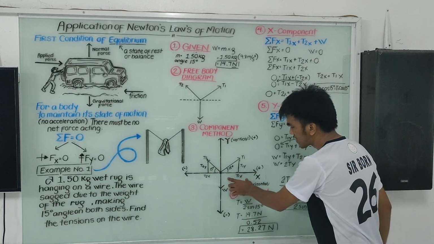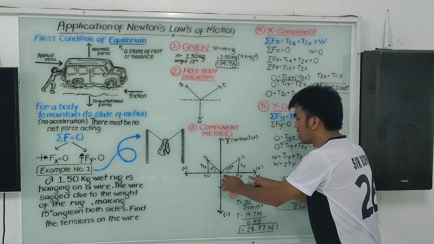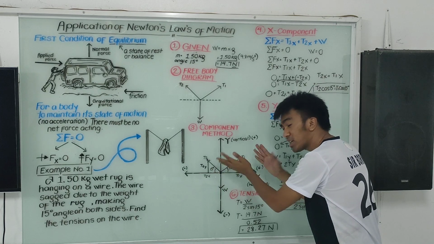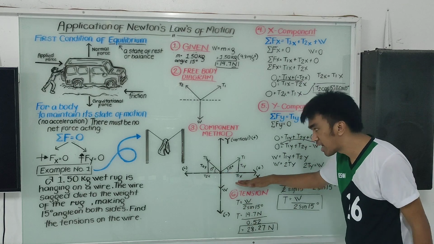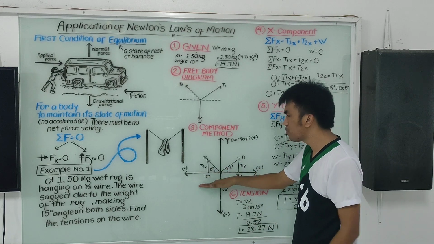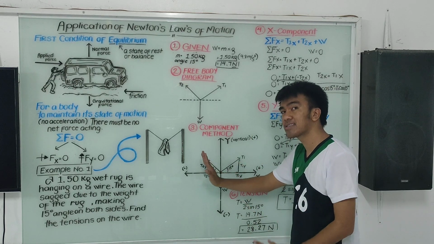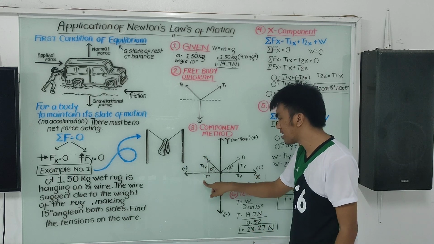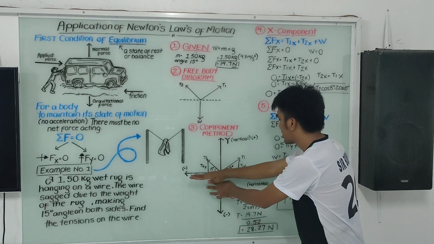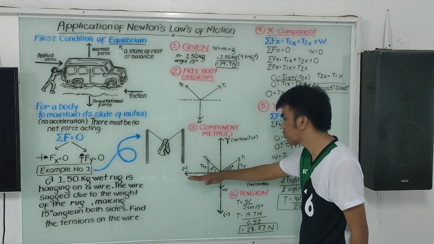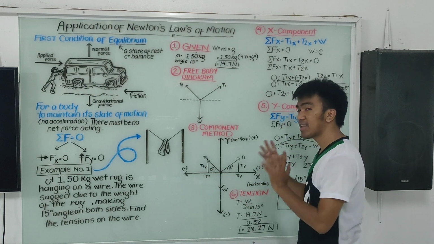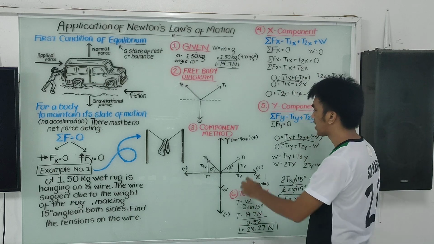This side is T1x, because this is tension 1 and it's horizontal. This is tension 2, T2x, because it's part of the x-axis. And that's an x component.